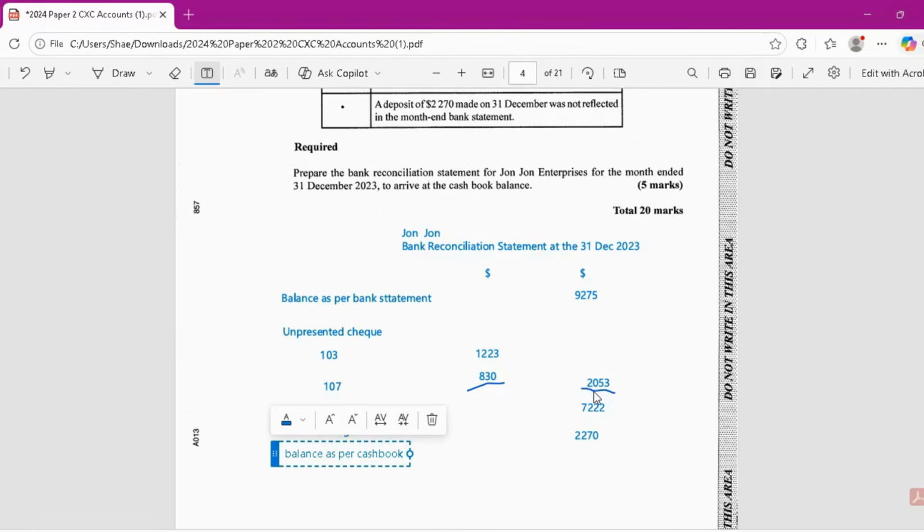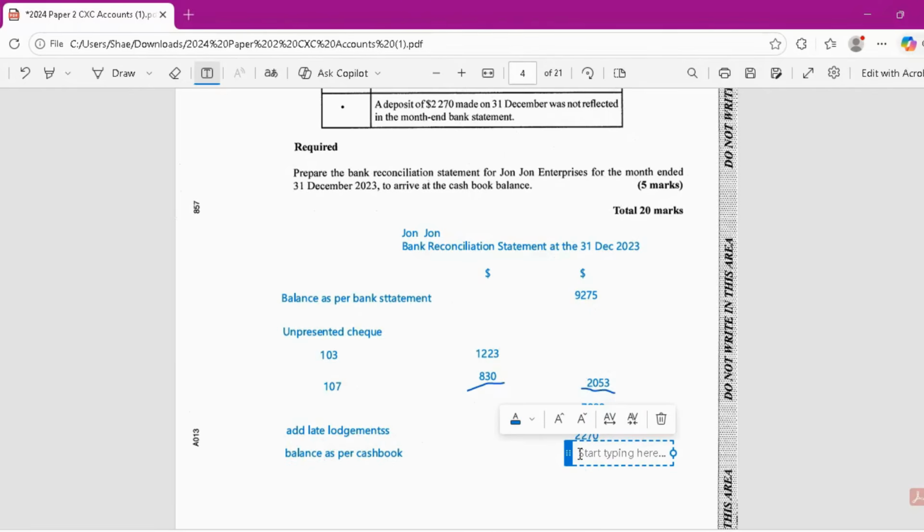So your balance as per Cashbook is 9,492.